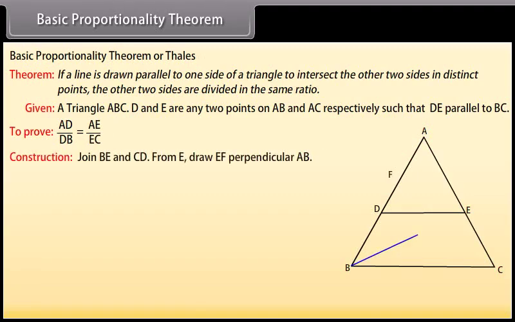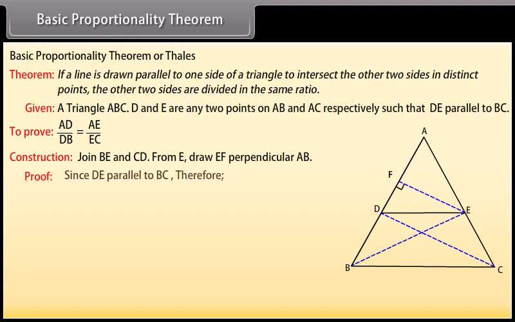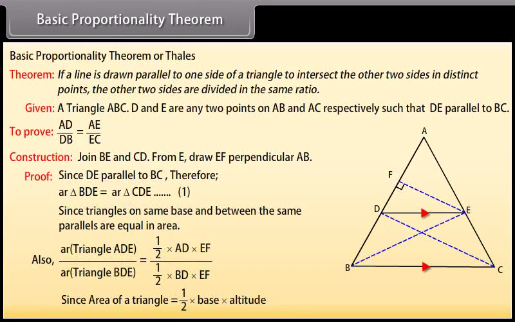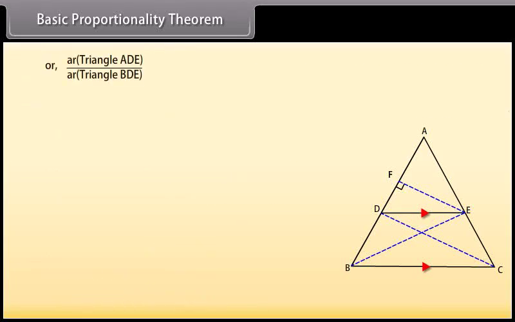Construction. Join BE and CD. From E, draw EF perpendicular to AB. Proof. Since DE is parallel to BC, the area of triangle BDE equals the area of triangle CDE. Mark it as 1. Since triangles on the same base and between the same parallels are equal in area, and since the area of a triangle is equal to 1/2 into base into altitude, the area of triangle ADE/area of triangle BDE is equal to AD/BD.